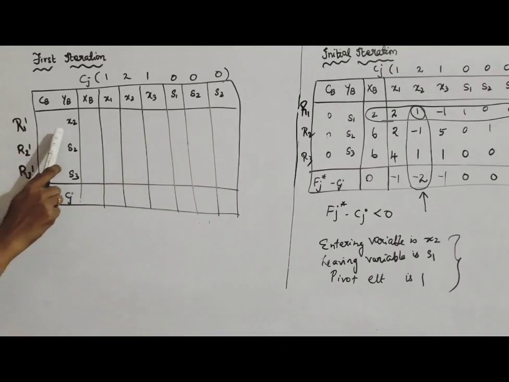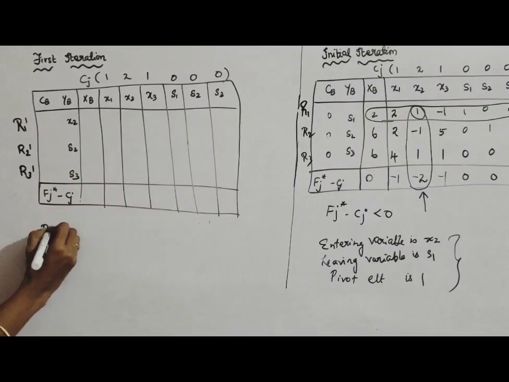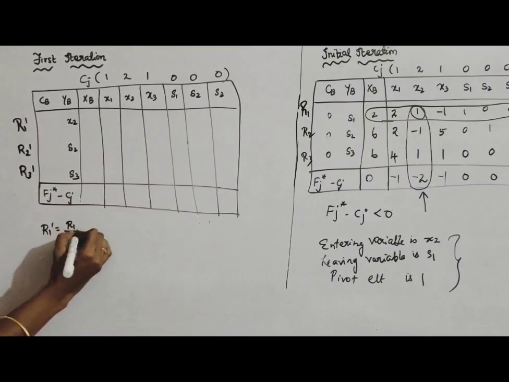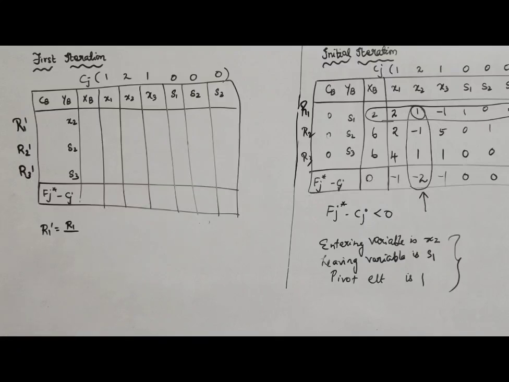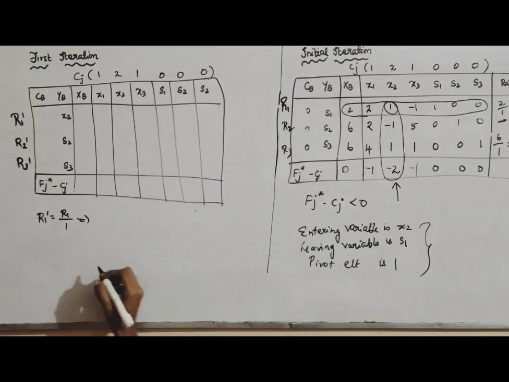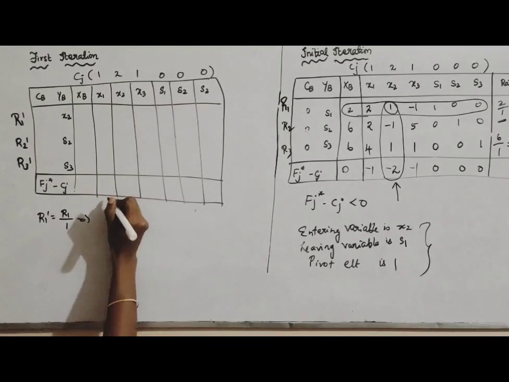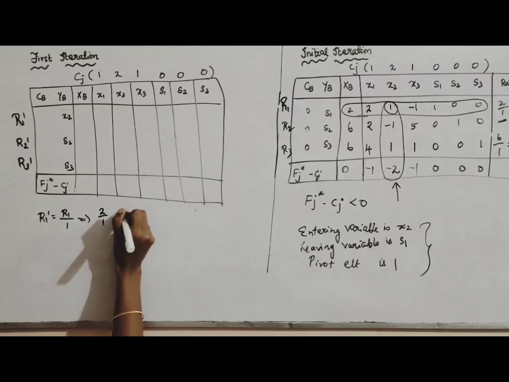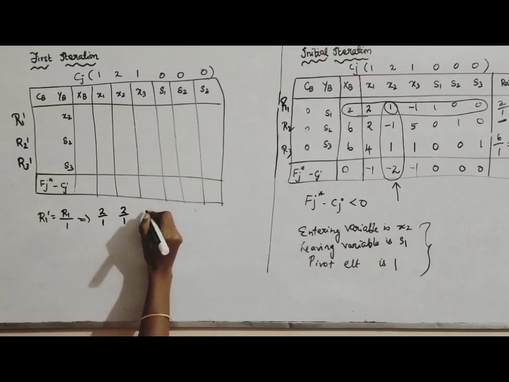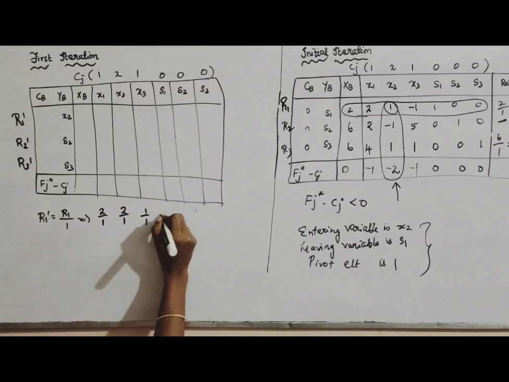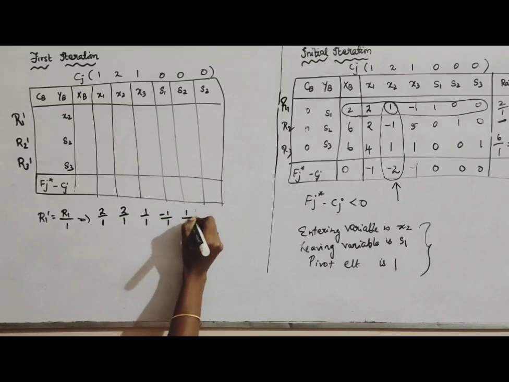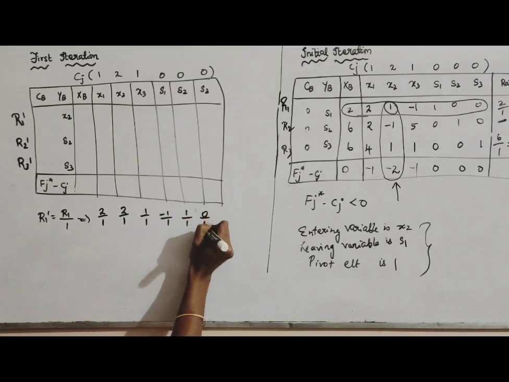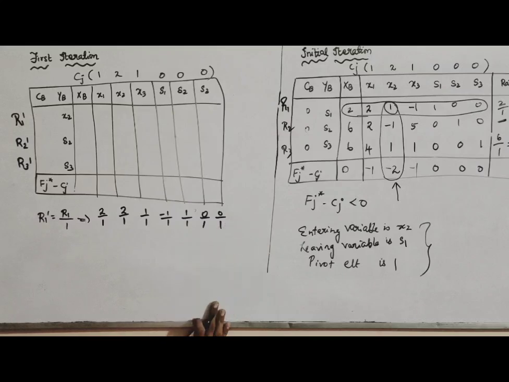Therefore, we have to find the X2 row first. That is, R1 dash is equal to R1 by the corresponding pivot element. The pivot element is 1, right? Therefore, this becomes R1 by 1, that is 2 by 1, again 2 by 1, 1 by 1, minus 1 by 1, 1 by 1, 0 by 1 and again 0 by 1.